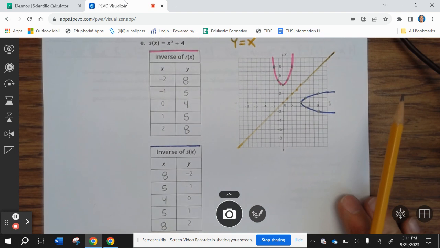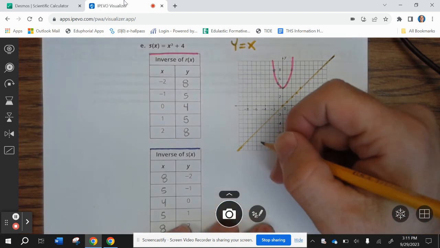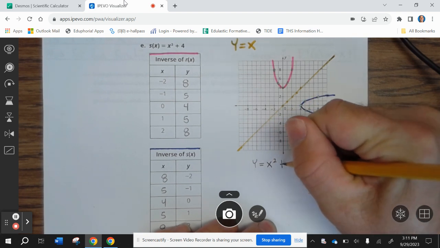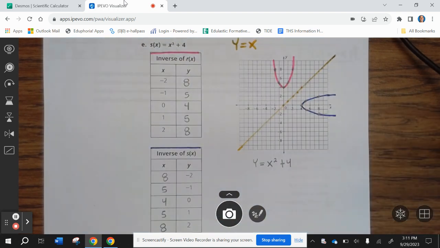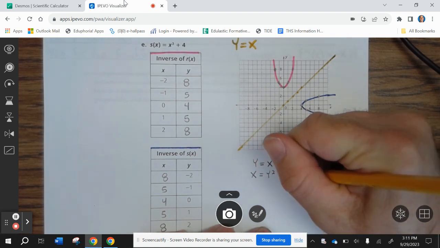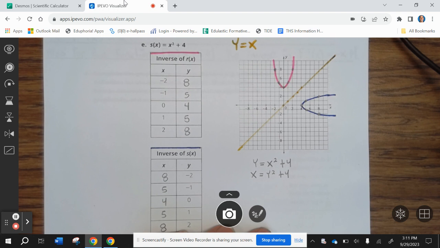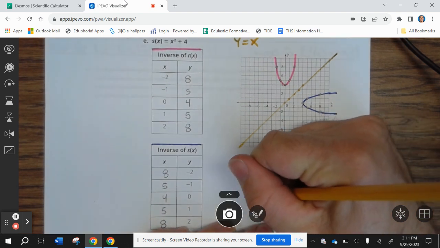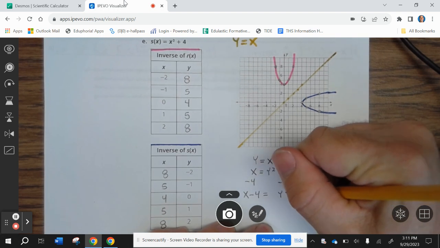All right, now to find the equation, we change f of x to y, so y equals x squared plus 4. Switch x and y, so x equals y squared plus 4. Subtract 4 from both sides. You get x minus 4 equals y squared.